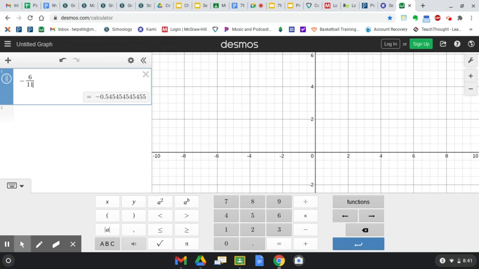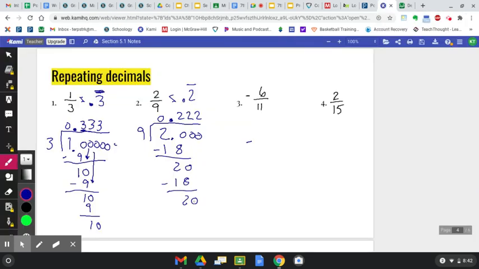If I look at that, it's not just a single digit pattern. It's not 0.3 repeating or 0.2 repeating. It's 0.54 repeating, and notice that it rounds at the end because I run out of space. So my calculator tells me 0.545.